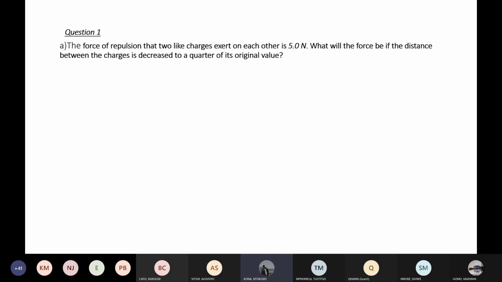I think the force will decrease. Thank you. So yeah, when you increase the distance, the force gets smaller and smaller. So in this case, since we are going to reduce the distance to a quarter, what it means is that if the initial force was 5 newtons, you're expecting something big, okay?